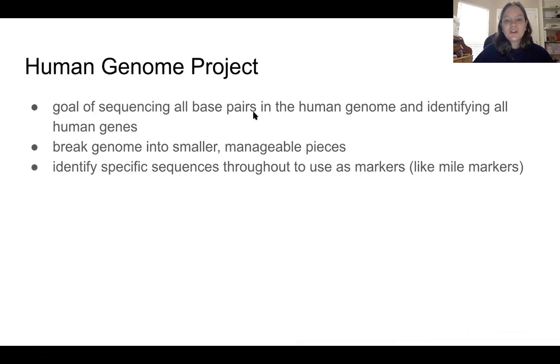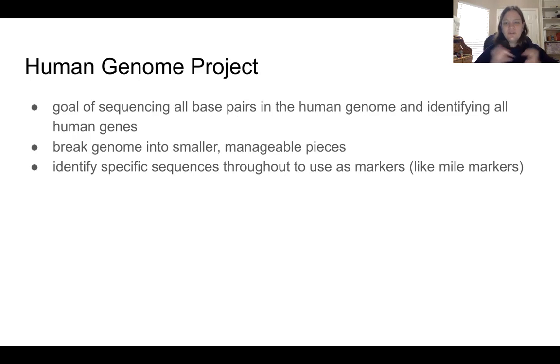The Human Genome Project took like between 10 and 15 years. I don't remember how long it actually took. I think that's right. And it involved scientists from several countries working for several years, trying to sequence all of the base pairs in the human genome and identify all of the genes.